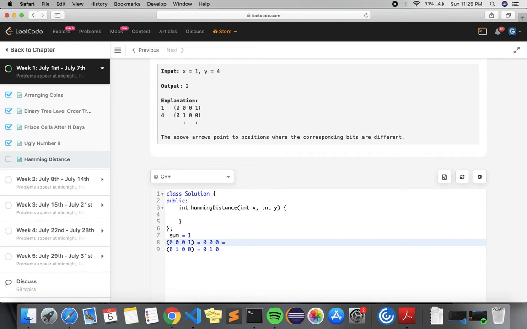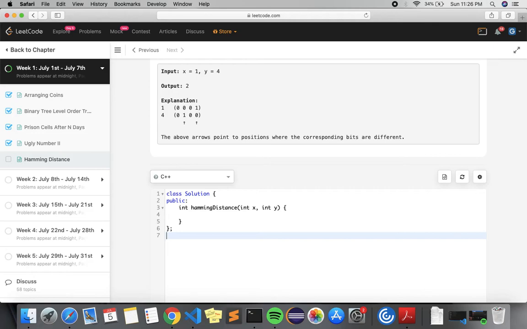The numbers change because we are right shifting in every loop. Now it is 0 and 1, so the last bit is different, and we increment our sum, that is the Hamming distance. With right shift, again they are the same, so basically our answer is sum.